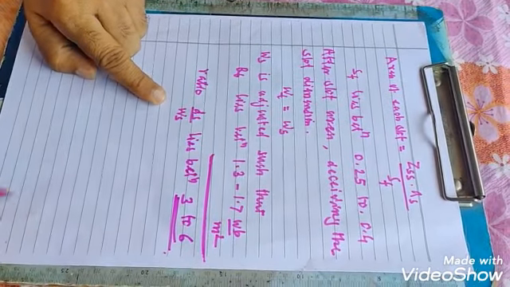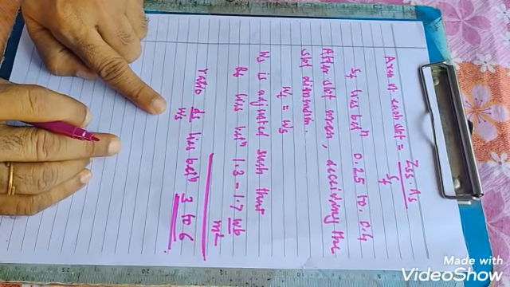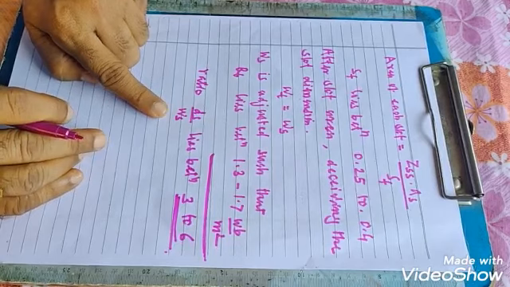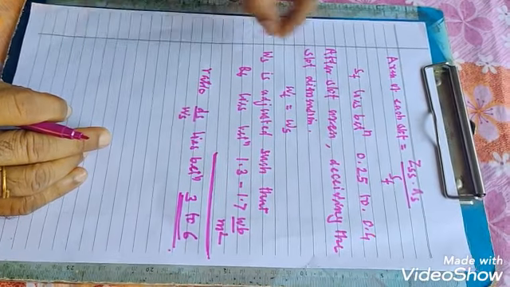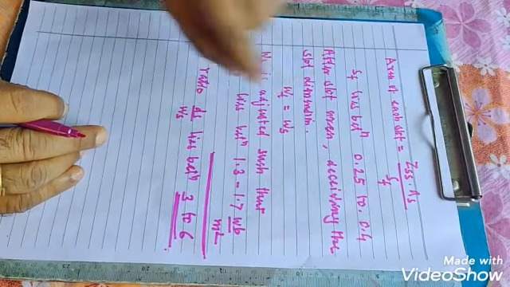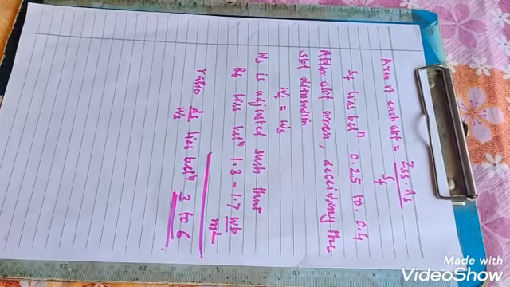So this way, from this we have to determine the slot dimensions WS and DS, width of slot and the depth of slot.